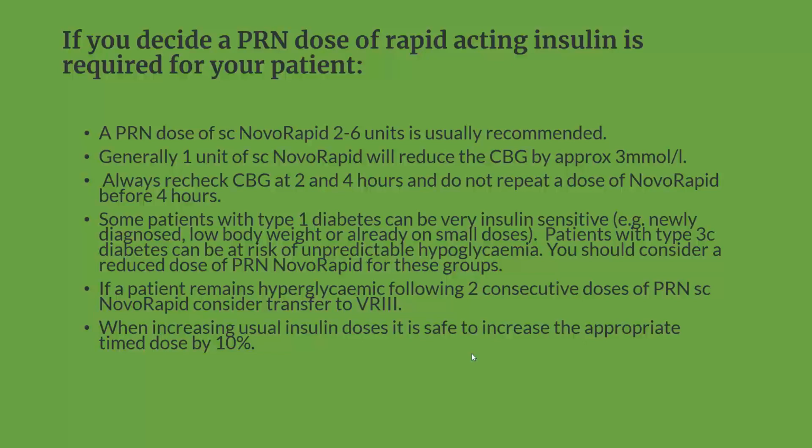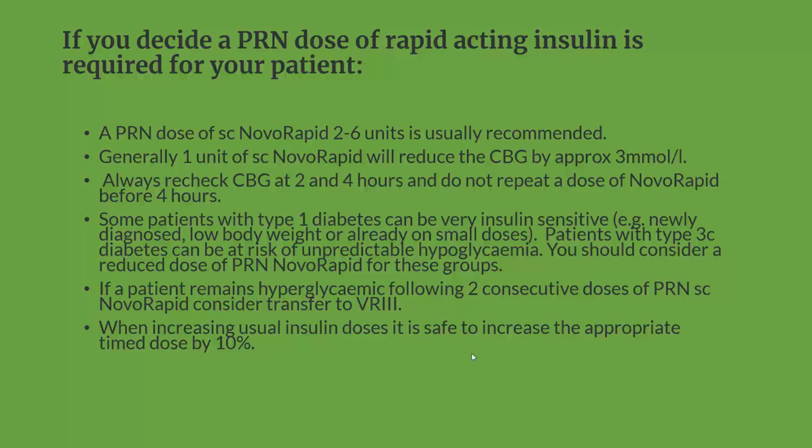Okay, if you decide to give PRN, like, the patient comes with hyperglycemia, is eating and drinking, not very unwell, blood sugar is high, say 25, you don't need variable rate insulin, then you can use PRN. Generally, you would use NovaRapid. In ED, they tend to use Actrapid.